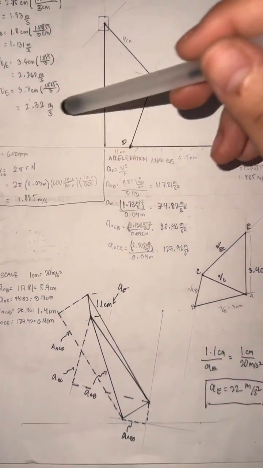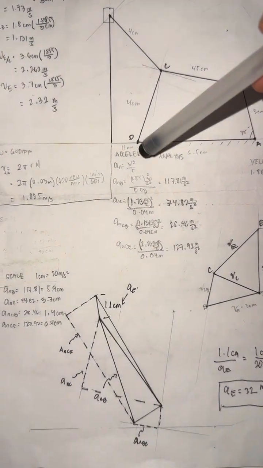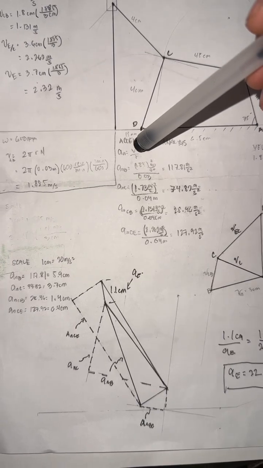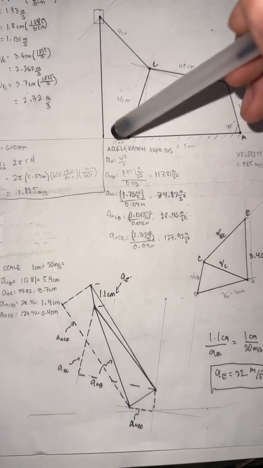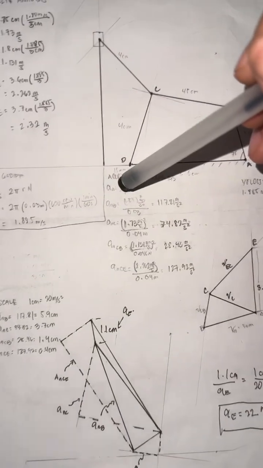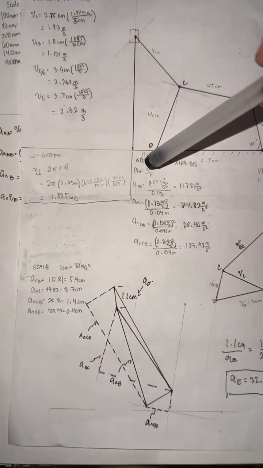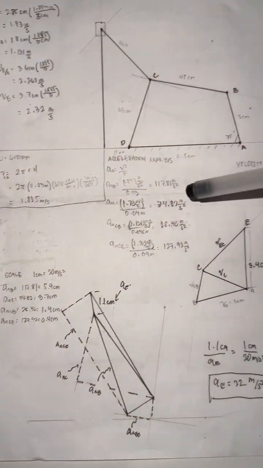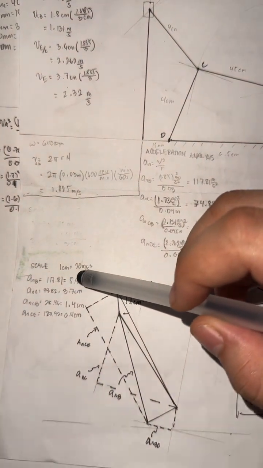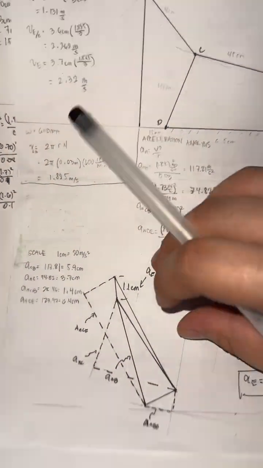So now moving forward to the acceleration analysis, the normal acceleration formula is this one: v squared, or the velocity squared divided by the radius. Then our scale that we will be using is 1 cm equals 20 meters per second squared.